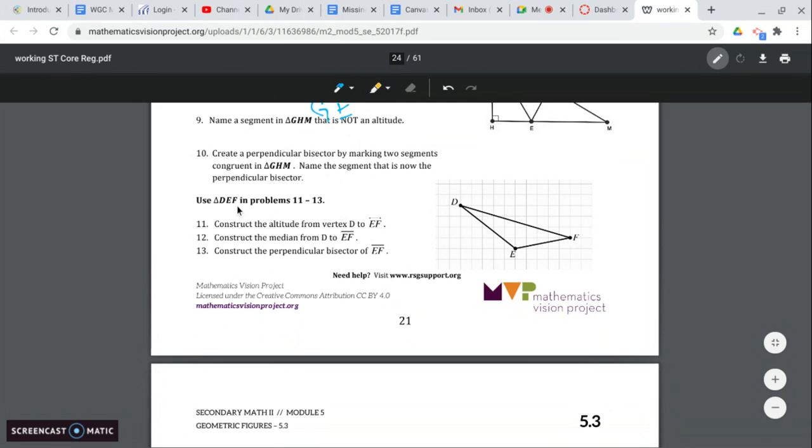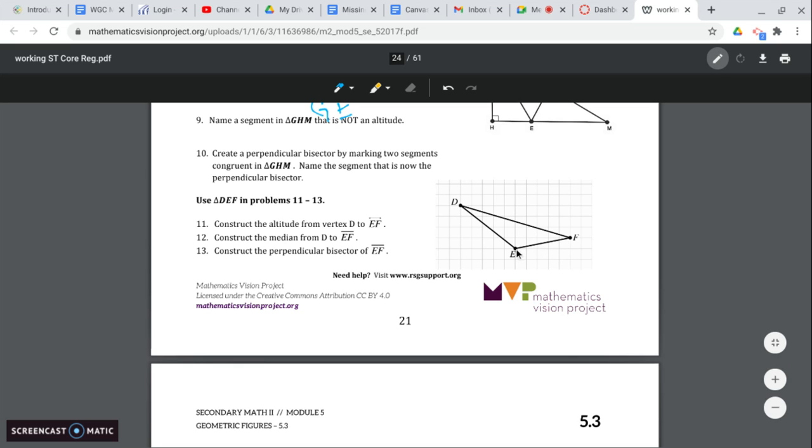All right, use triangle DEF in problems 11 through 13. So we want to construct the altitude from vertex D to side EF. Now, to go at a perpendicular angle, we can't go inside. This one's a little weird.